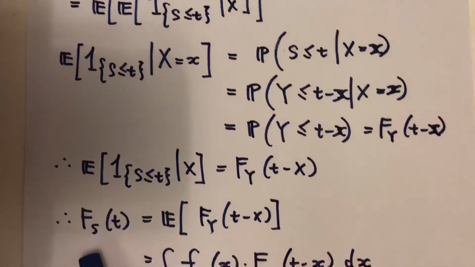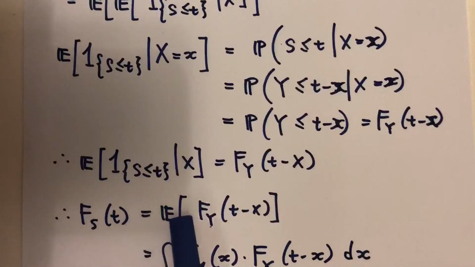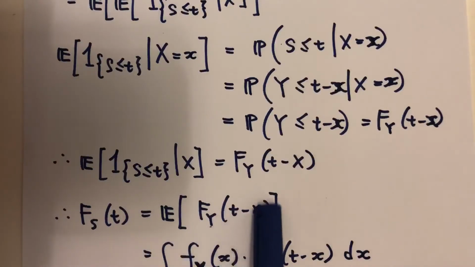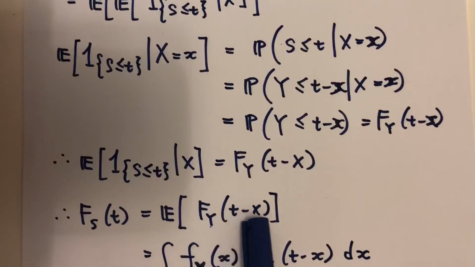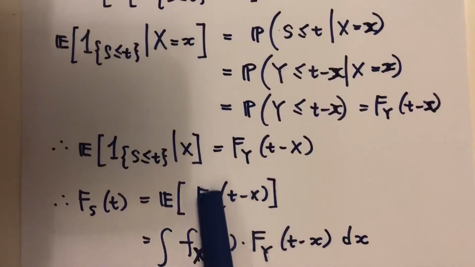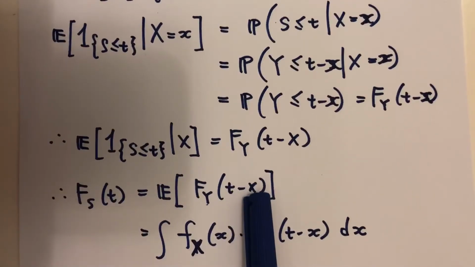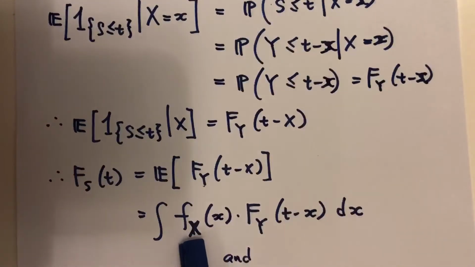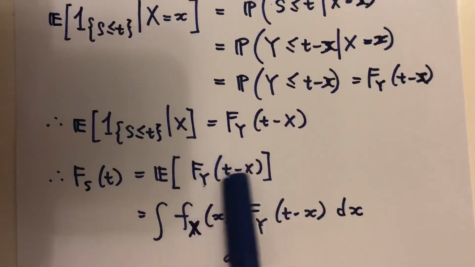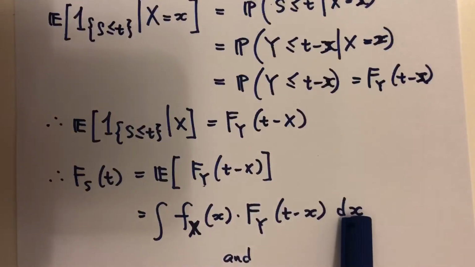Therefore, the CDF of S is just the expectation of this inner conditional expectation, F_Y of t minus capital X. So this is a function of capital X, a random variable. To evaluate this integration, we use the density of X. So it is just the integral of the density of X times this function, dx.